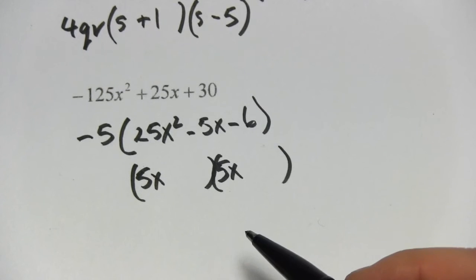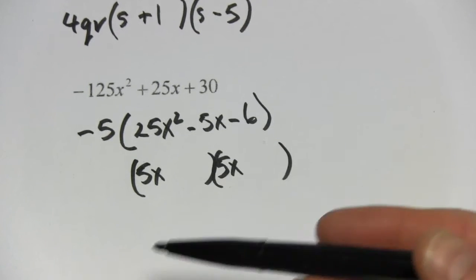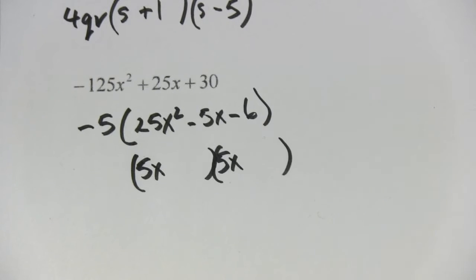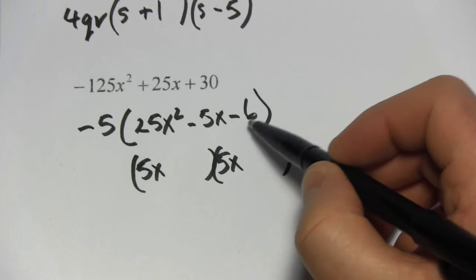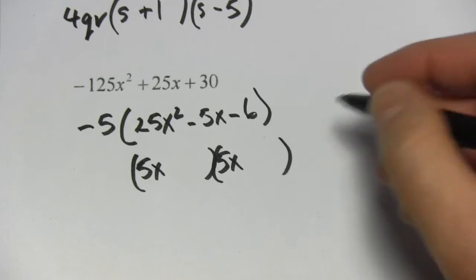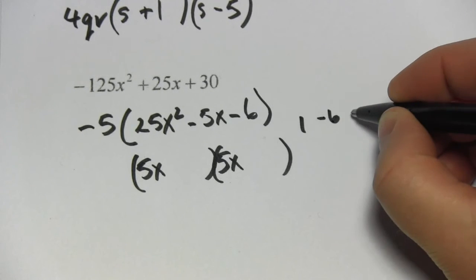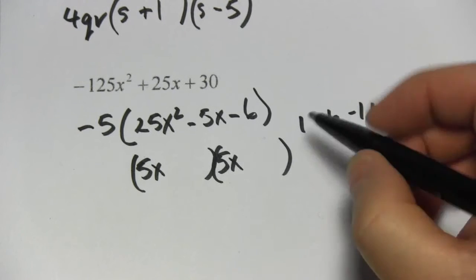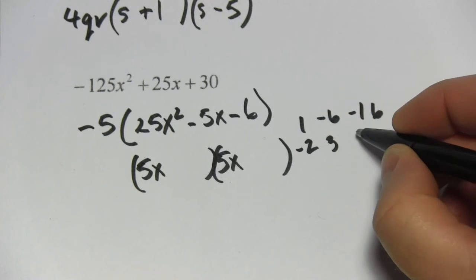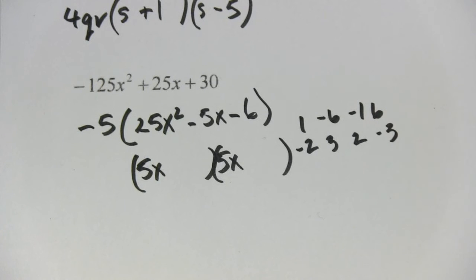And, you know, with factoring, sometimes it's a process of trial and error. So if you try this and it doesn't work, try the other set of factors next and see if that works. Now, let's look at these factors here. I've got a negative 6, so it could either be 1 and negative 6, or negative 1 and 6. Or it could be negative 2 and 3, or 2 and negative 3.